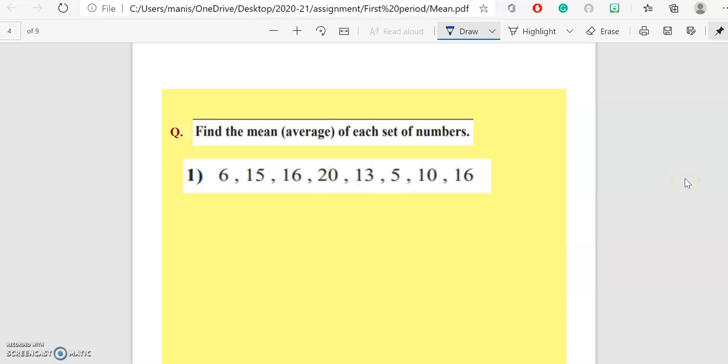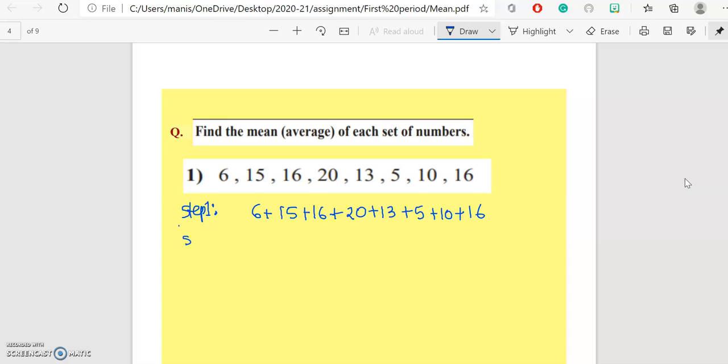Question says find the mean or average of each set of numbers. So our step number 1 says add up all the values to get the total. So I will add all the numbers over here: 6 plus 15 plus 16 plus 20 plus 13 plus 5 plus 10 plus 16.